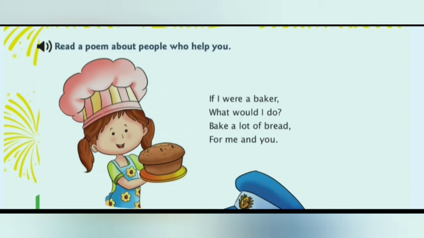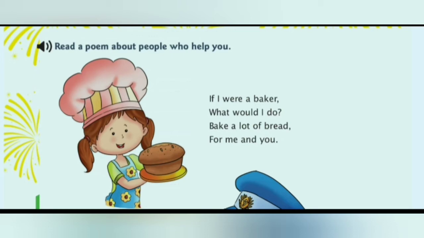We studied connecting words in the previous lesson. So here, what would I do? No connecting word, so the same flow. What would I do? Next, bake a lot of bread. There is a comma near it, so again the same flow. Bake a lot of bread.